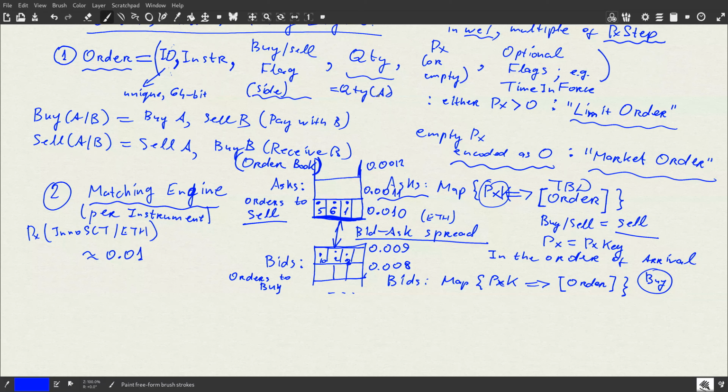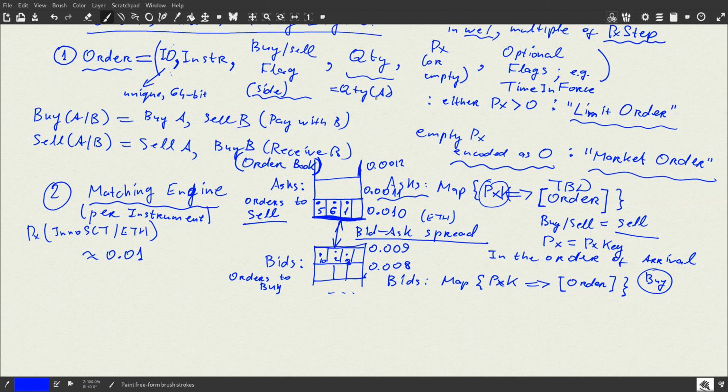Yes, I didn't discuss the situation when, for example, a buy order would be of a price higher than the lowest sell. We're going to discuss that very briefly. But for the moment, basically there are maps, and the maps are accumulating orders, nothing else. All right? Maps accumulating orders.